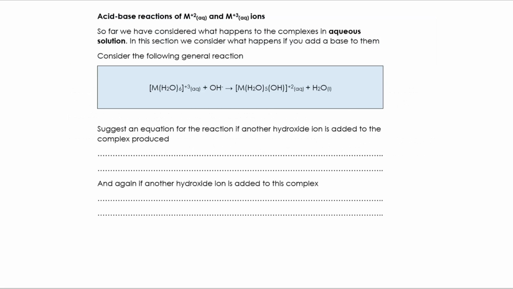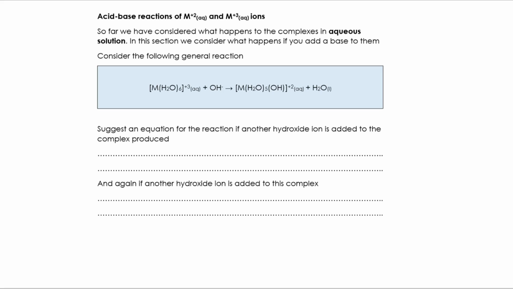So we have been thinking about what would happen to complexes, whether it's a +3 or a +2 central metal ion. In this case, we have got a +3. We know they are more acidic, and we've got the diagram, or we've got the equation, that represents what will happen.